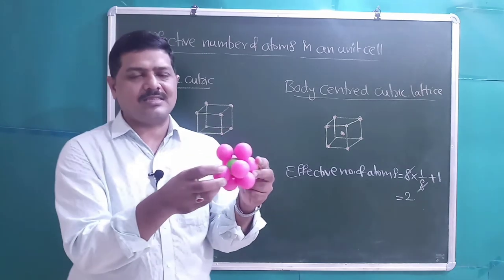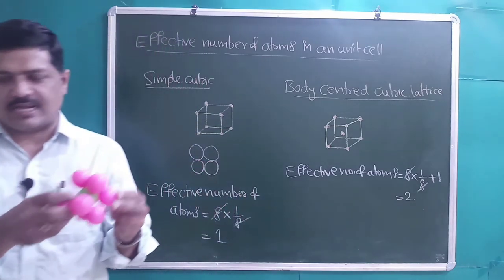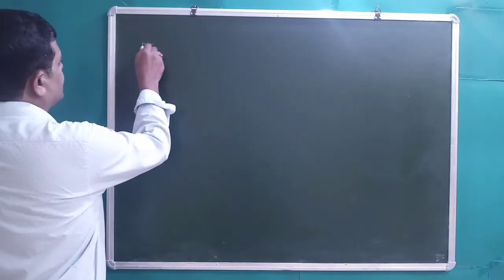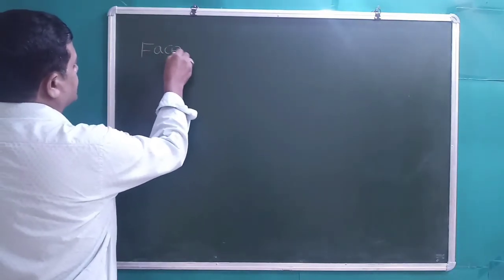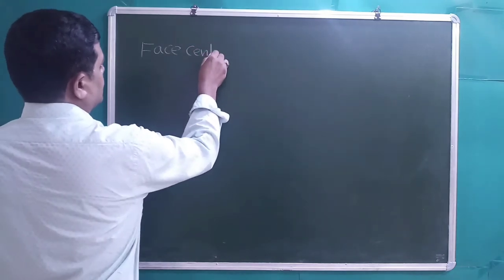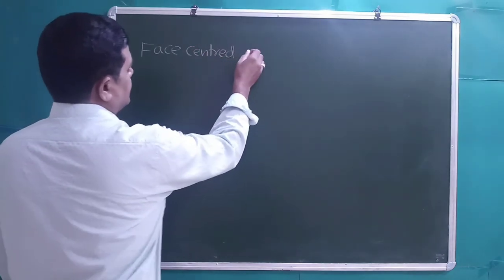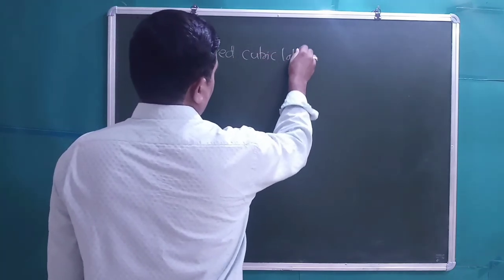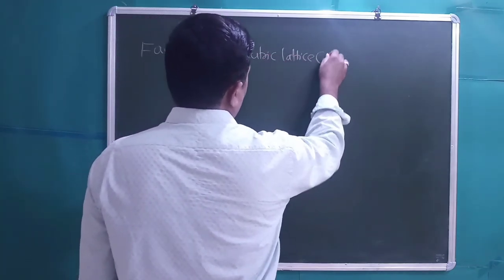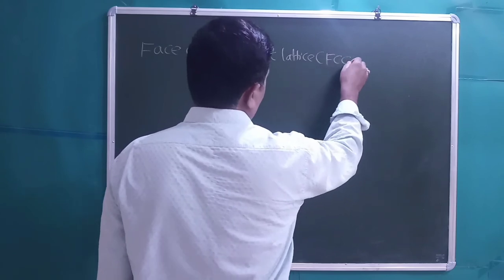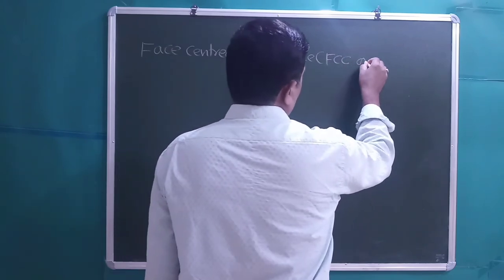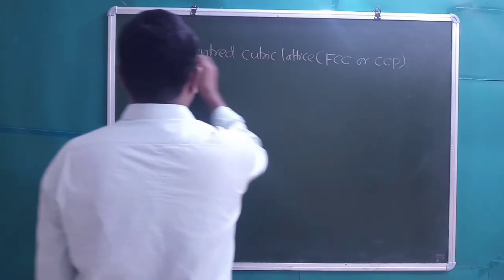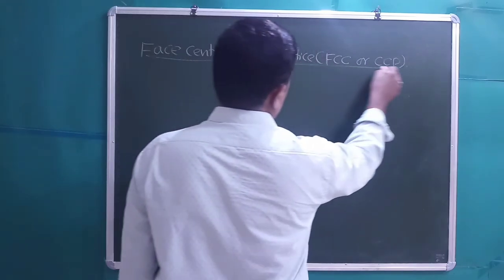Now let us discuss the FCC unit cell, face centered cubic lattice, which in shortcut is represented as FCC unit cell or CCP, cubic close packing.